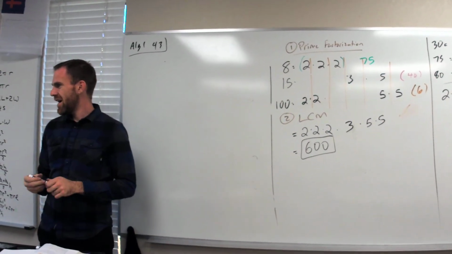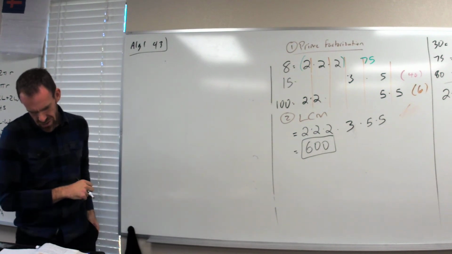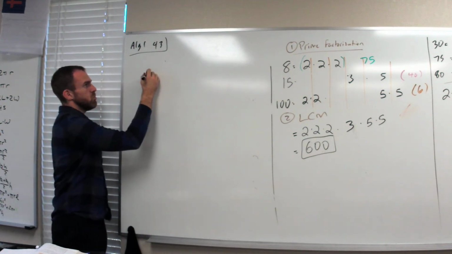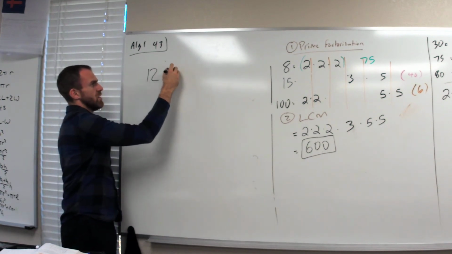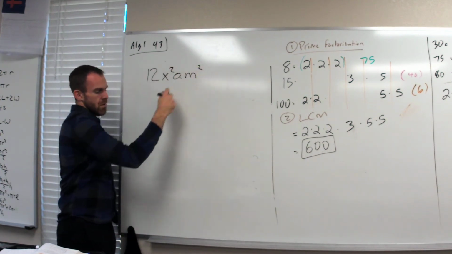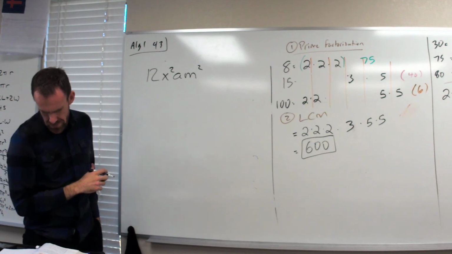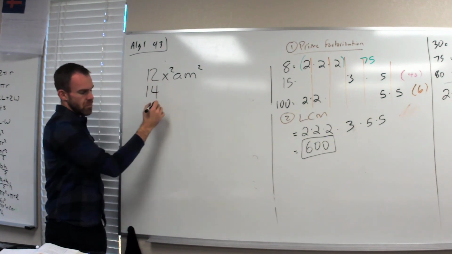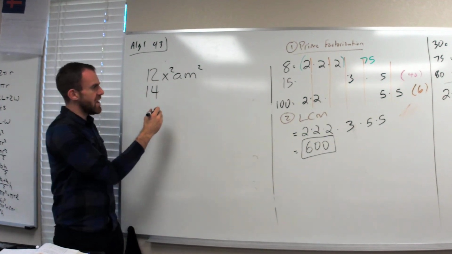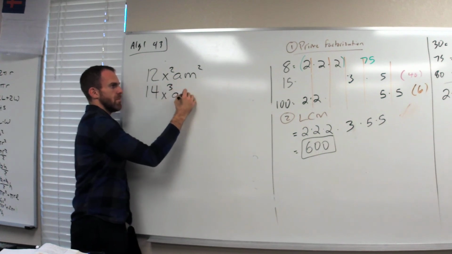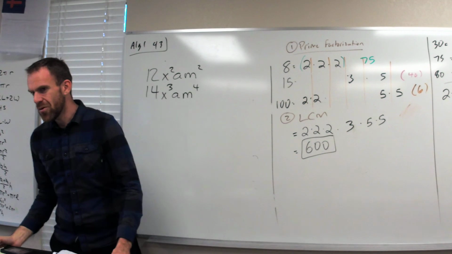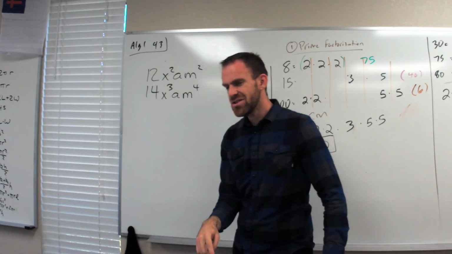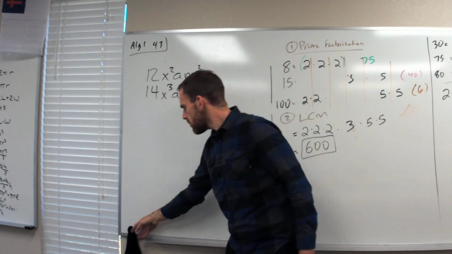They go on forever. Okay, so let's find the least common multiple of 12 x squared m squared and 14 x cubed m to the 4th. Now, the first thing you're going to do, same as before, is you're going to write out each individual term.